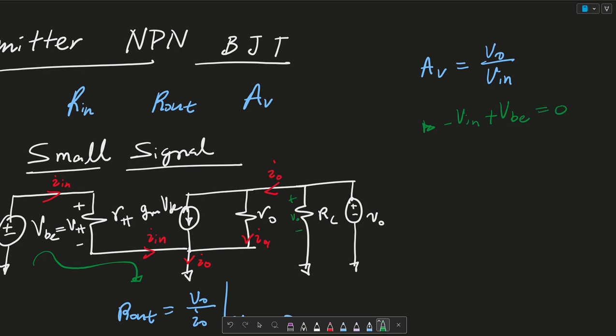As a result of that, VBE is equal to V in. Again, remember VBE is equal to V pi as well. So this is our first equation.